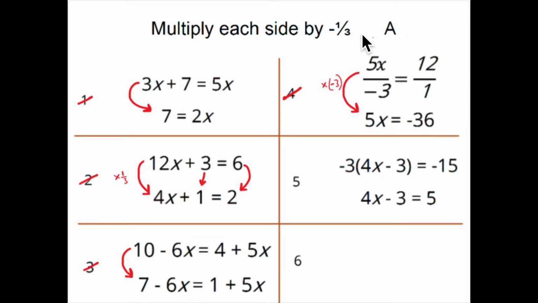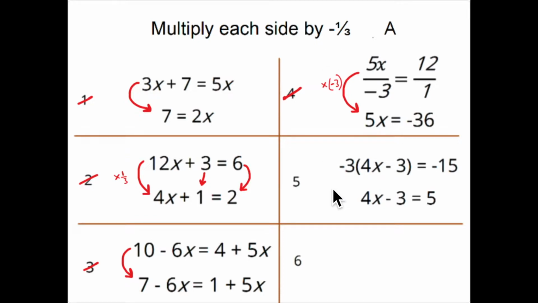So you're probably getting rid of a negative 3. Look at each one of these rather quickly. So a negative 1/3 times 3 does not give you 7. 12x times a positive 1/3 equals 4x. But this is negative 1/3, so that doesn't work. 10 times negative 1/3 does not give you 7. 5x over negative 3 times negative 3 equals 5x. But again, this is negative 1/3.